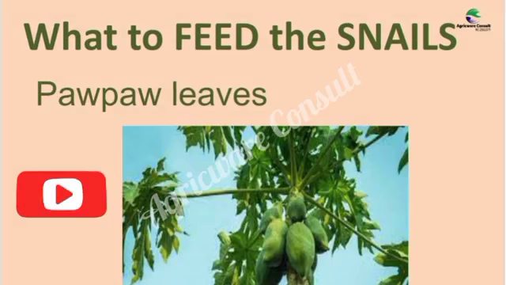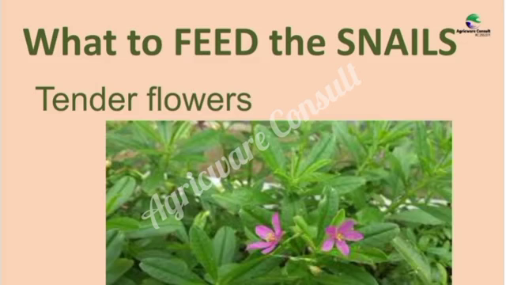Pawpaw leaves are good feed that you can offer to snails to support their growth. Tender flowers can be presented to your snails as well, and they are going to feed on them and gain nutrients from the flowers.